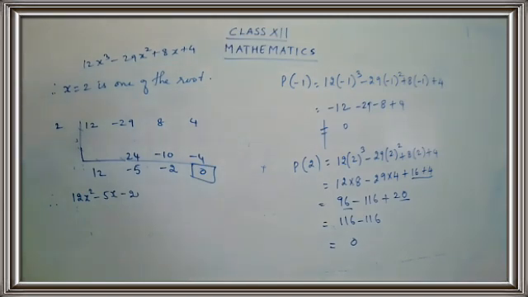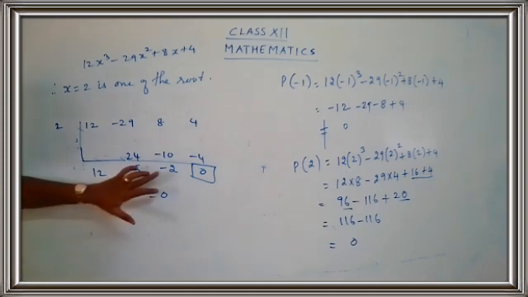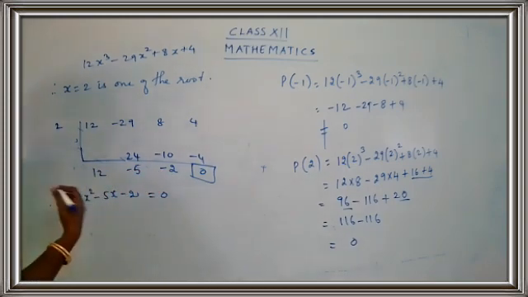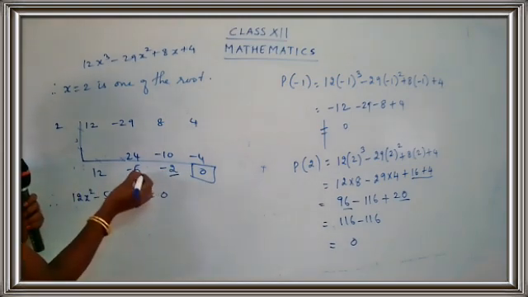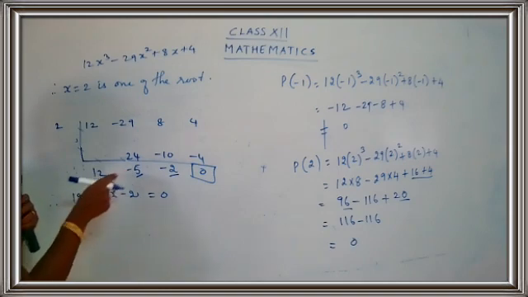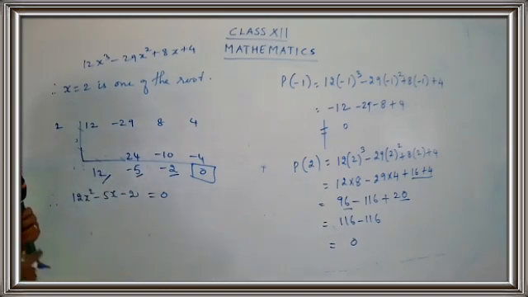You get 12x square minus 5x minus 2 is equal to 0. So we got an equation. How to form the equation? This is the constant, this is x, this is x square. Go from the back: a constant term, the x term and the x square term. If you have one more number here, it will be cube.